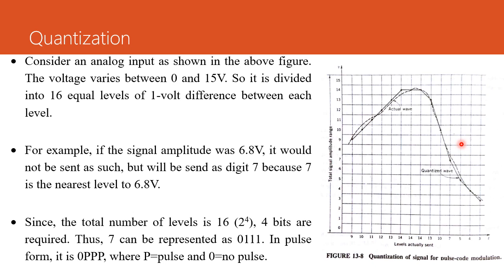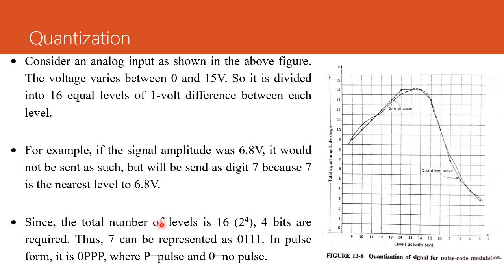That is, if your analog input contains any decimal values, we have to send it to the nearest voltage level. Suppose your signal amplitude is 6.8, then we have to map that 6.8 to the nearest voltage level, that is 7 in this example.